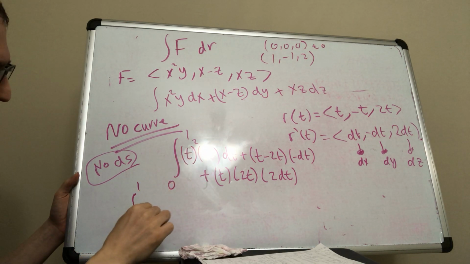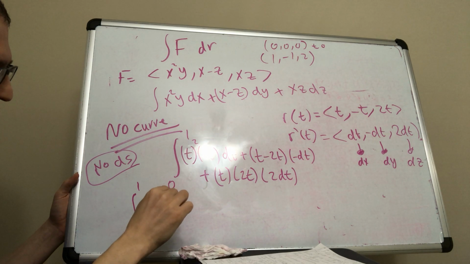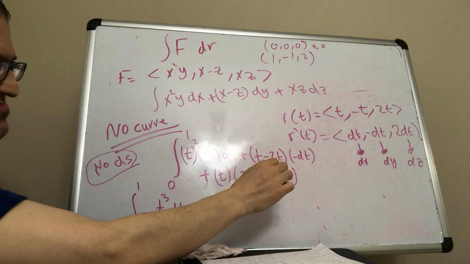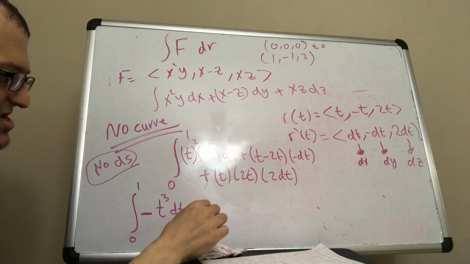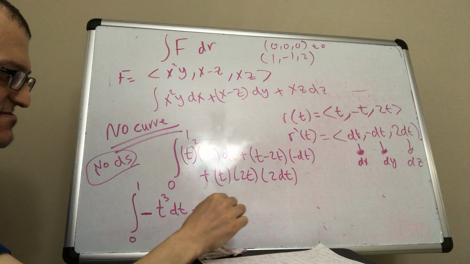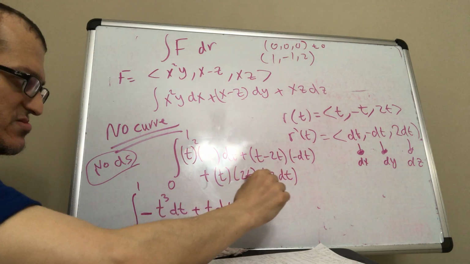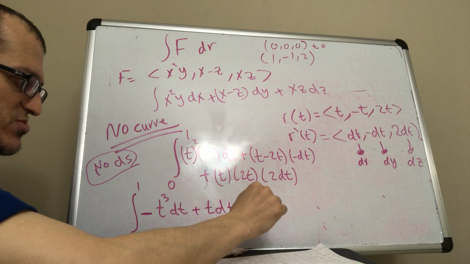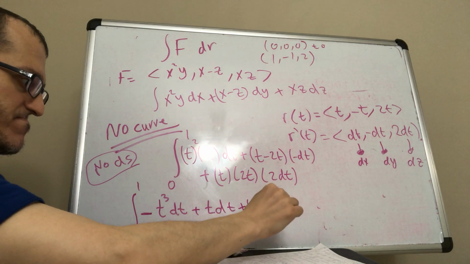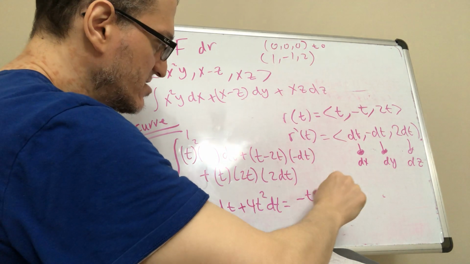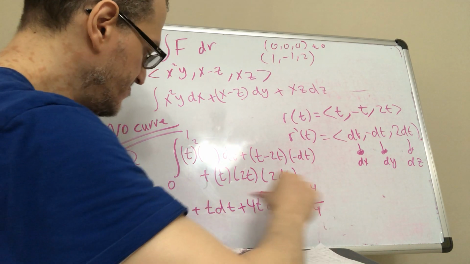This is minus t cubed that we're integrating. Here it would be minus t times a minus, so it's like a t dt that we're integrating. This would be 4t squared that we're integrating. Integral of the first one is t to the 4 over 4.